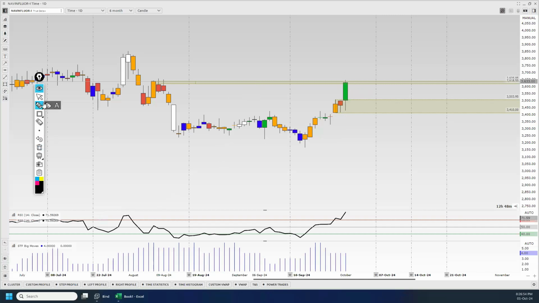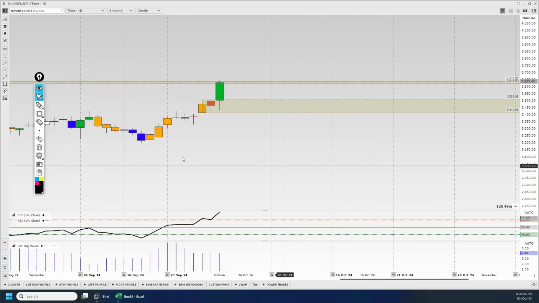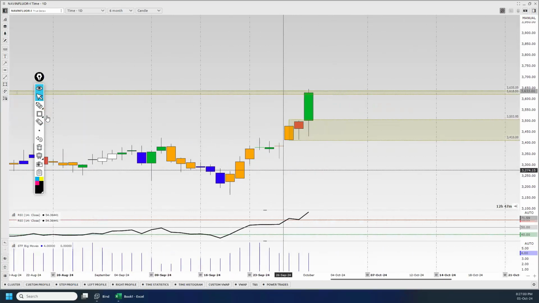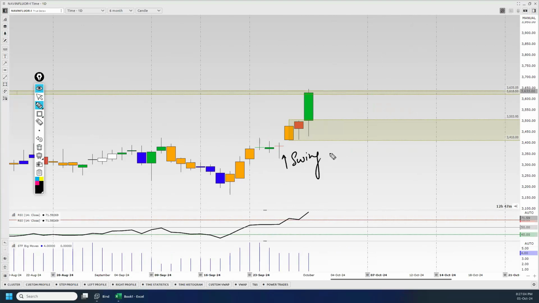Now, some of you will be confused how this can be a bottom. Now, you tell me, guys, is this a swing low? Let me test your knowledge. If this is a swing low, this is a swing low, boss.